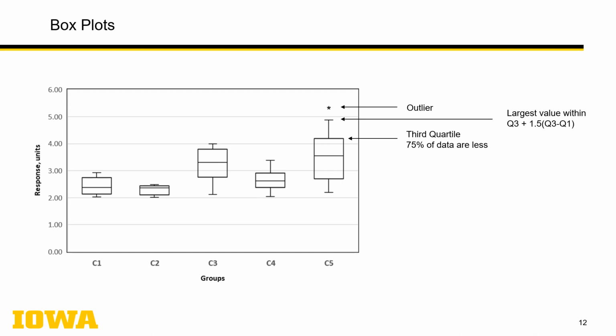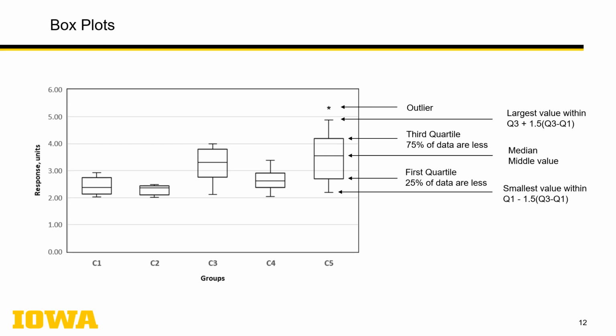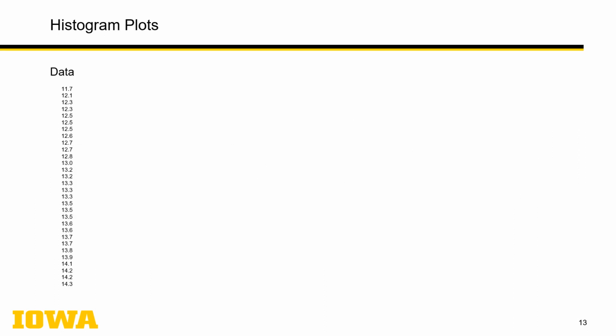Q3 is at 75%, so that's what the upper part of the box is. The middle value is typically the median, not the average. And of course, here's the lower quartile. So you have 50%, 75% minus 25% is 50%, all the values are within the box. And then again, you have the smallest values typically within this whisker range here. So that's a box plot, can be done in Excel.